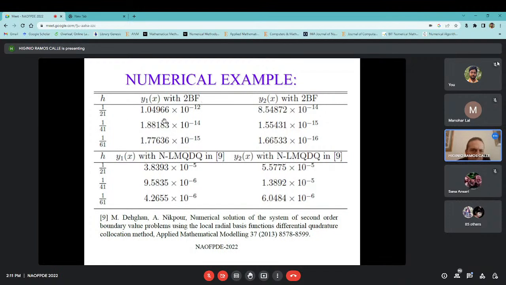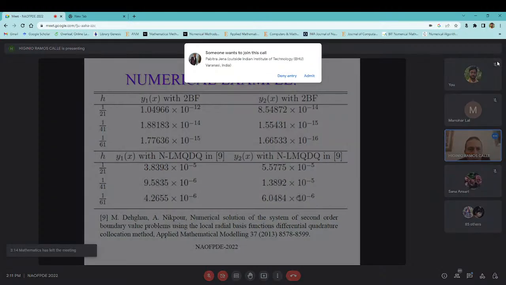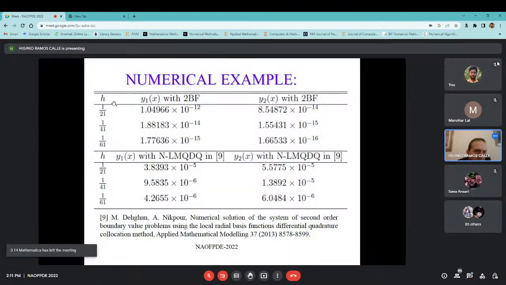In this case, you can see that the errors are less with the two-step block method than those obtained with the differential quadrature method in this paper. So this is the step size, the fixed step size used. I take this in order to compare with the step size used in this paper, and you see that the errors are much better with the two-step block method.